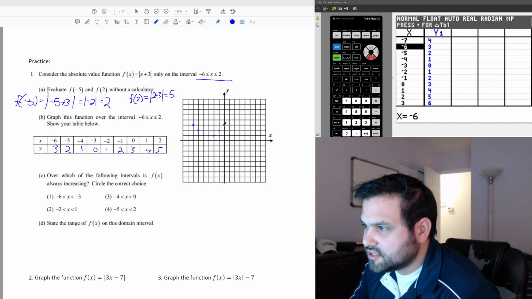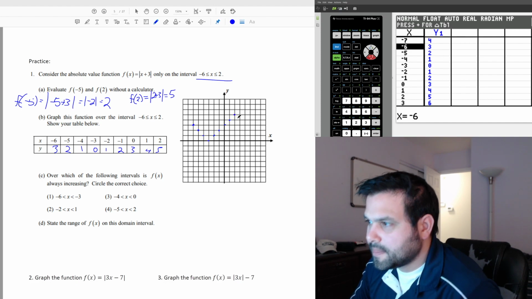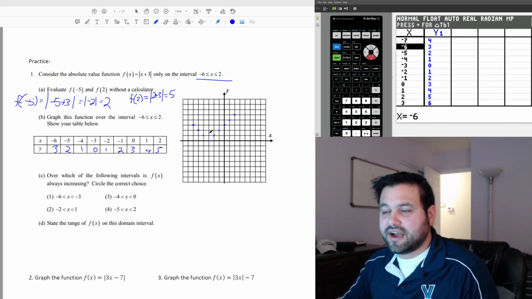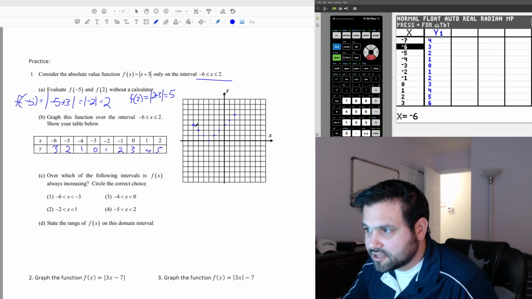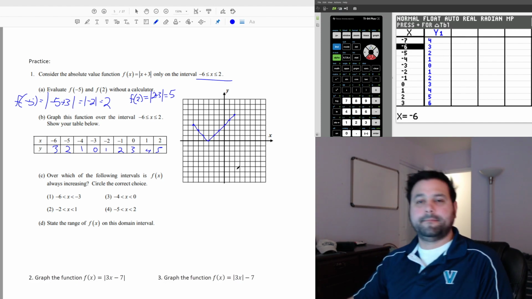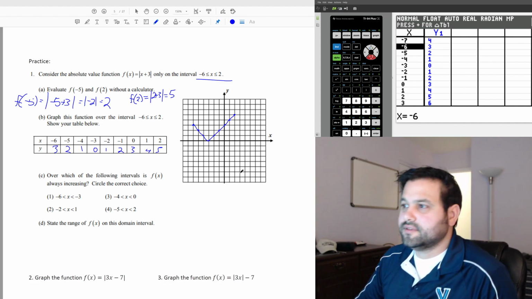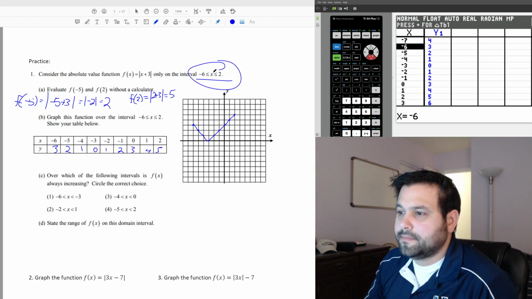And we get this V shape again, because it is an absolute value function. Now, because I'm only graphing from negative 6 to 2, I'm stopping there. I'm not going to continue this on forever. I'm not going to put arrows. I'm just going to create that, because that's all there is to it, right? It's just graphing from there.